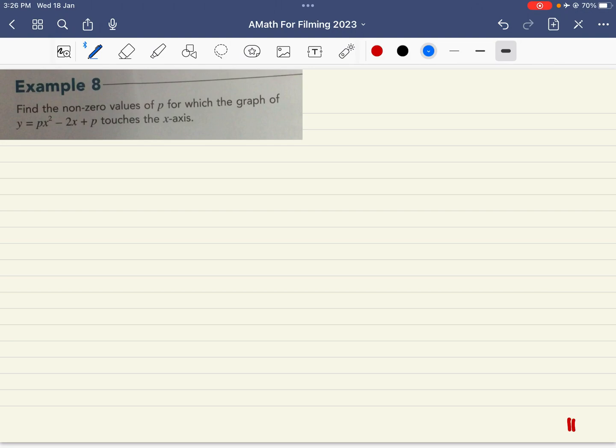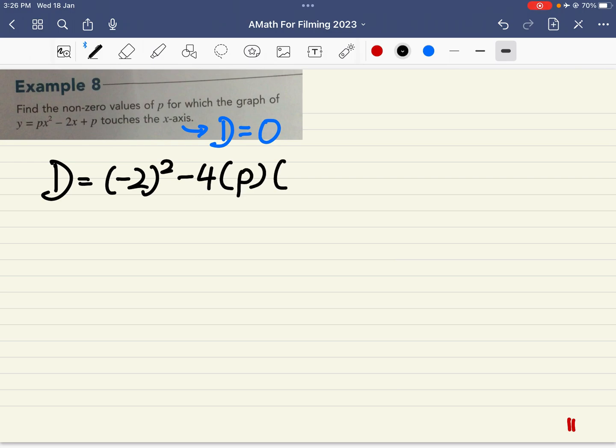So what they are actually asking for is that there's only one x-intercept, or real and repeated roots, which means that my discriminant should be equal to 0. So in this case, what I'll do is this. My discriminant D is equal to b squared minus 4ac.